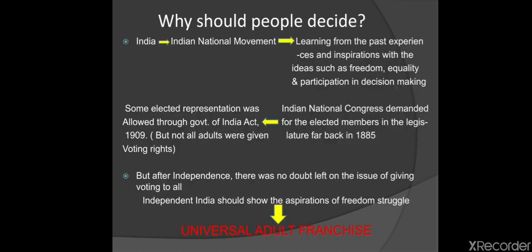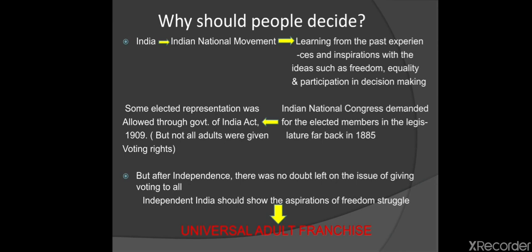First topic we are going to study is why should people decide? Means why people should be empowered, why people should decide what kind of government should come, and from where this idea came.